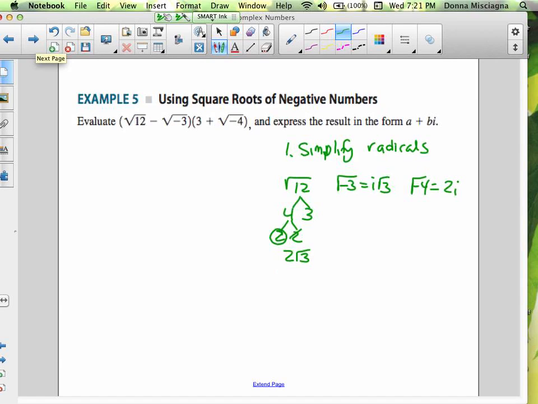All right, now, once we simplify the radicals, now multiply. And we'll just multiply using distribution. So now the square root of 12 is 2 square roots of 3, minus i square roots of 3, times 3 plus 2i.